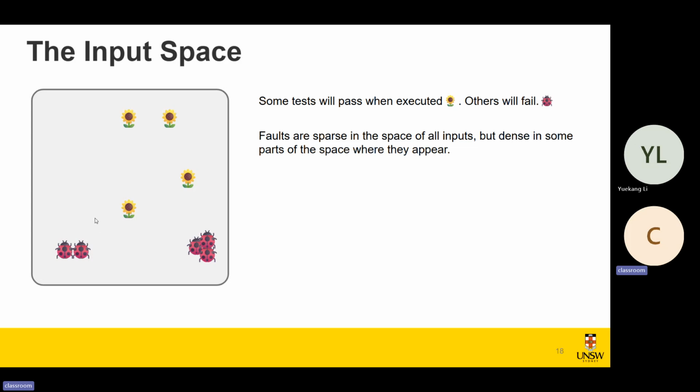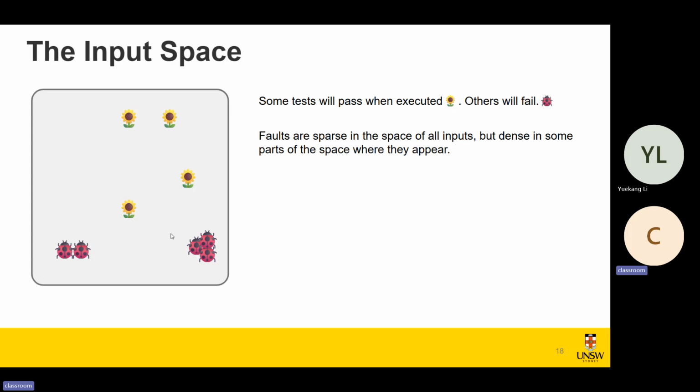This is because when developers write programs, it's very unlikely that they make very simple mistakes. Most of the bugs or faults are corner cases, so the inputs for triggering these corner cases are very sparse in the input space. However, they could be dense in certain parts of the space, if they appear.